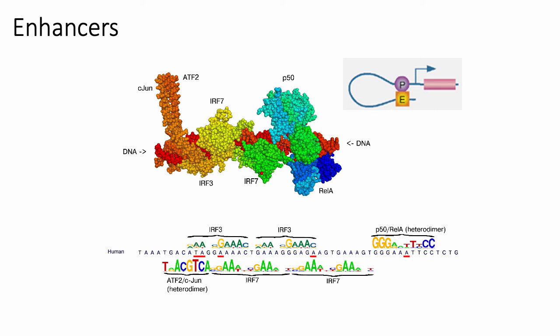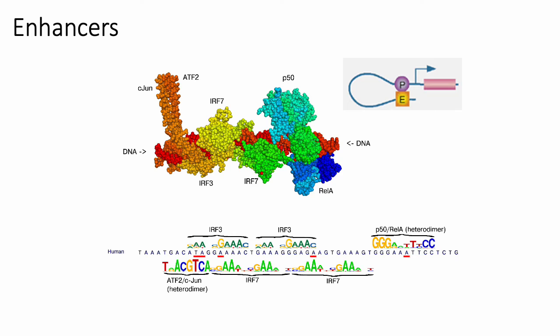You can also have DNA sequences corresponding to TFs that compete with each other. If one TF comes in and binds to its binding site, it might occlude and prevent another TF from binding to that site.